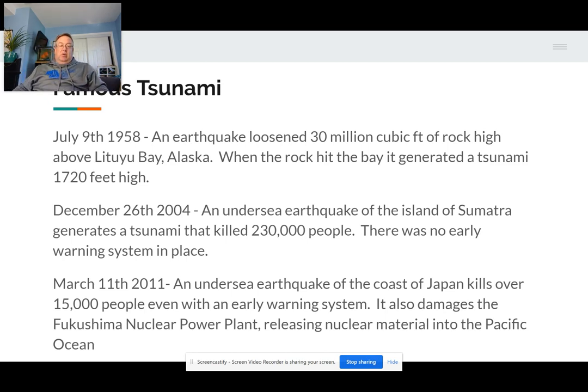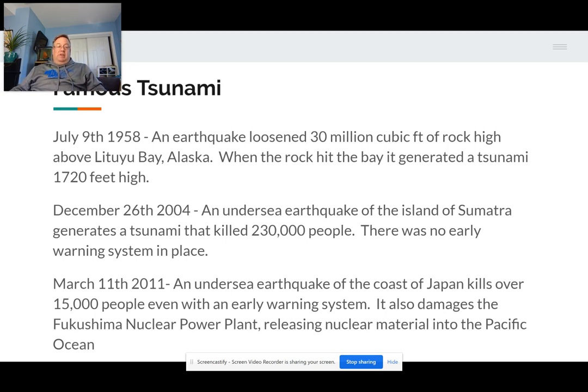So when the tsunami hits, because it hit relatively early in the morning, it killed over 230,000 people. Most of those drowned, and a large percentage of those people were never found. So the wave came in, killed these people, and when the water receded, it took them with it.